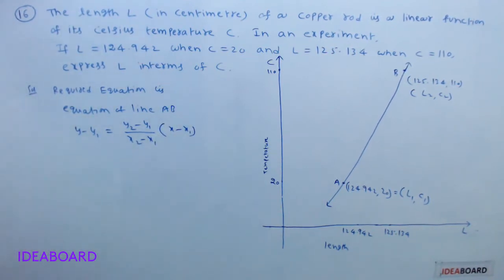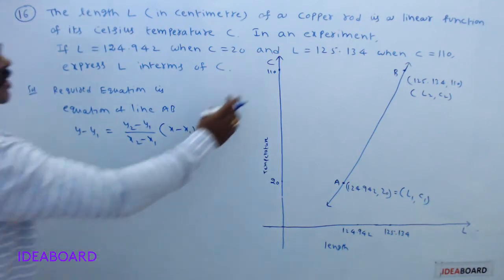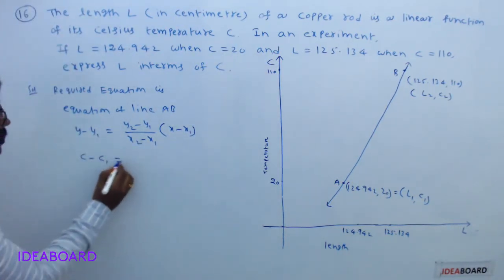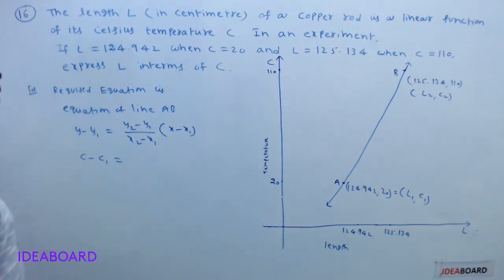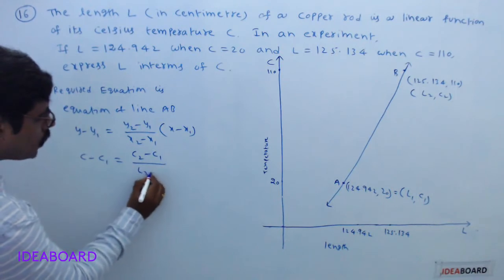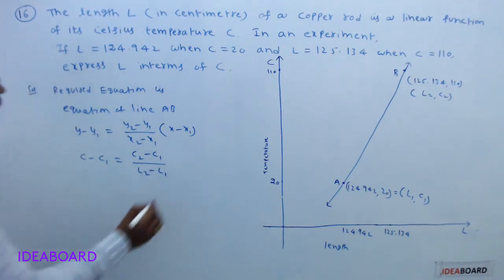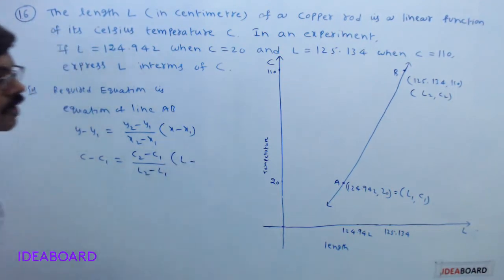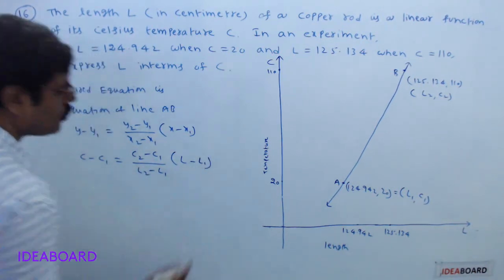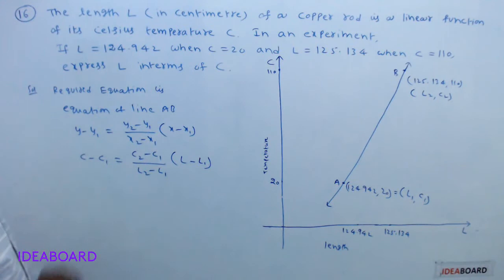That is y minus y1 equals (y2 minus y1) divided by (x2 minus x1) into (x minus x1). In place of y, you can write C. This is C minus C1 equals (C2 minus C1) divided by (L2 minus L1) into (L minus L1), with L in place of x. Now substitute the corresponding values in this formula.